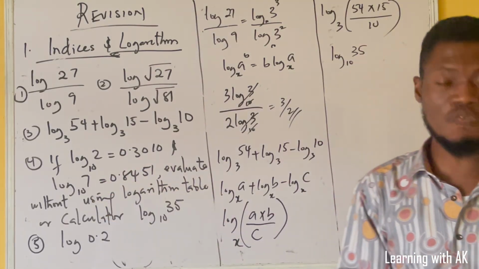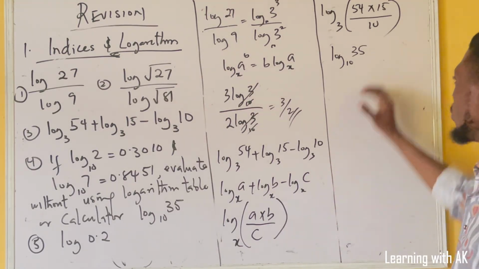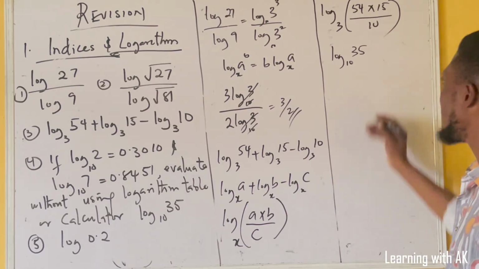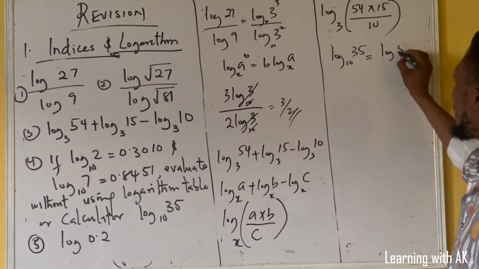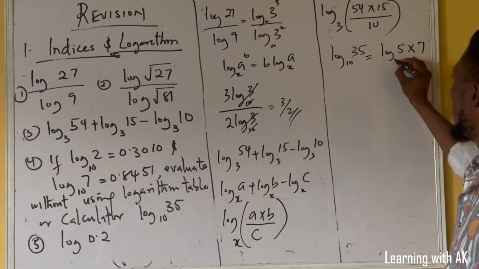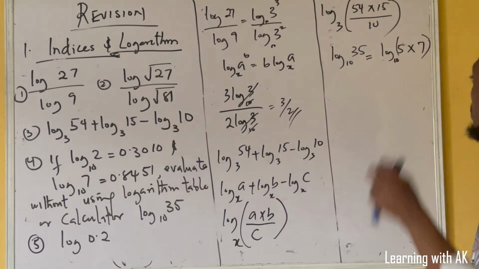Now, the first thing to do is to think of 2 numbers that when you multiply them together, you will have 35. So what is the number? 5 and 7. That means I can re-express log 35 base 10 as log 5 times 7, base 10.